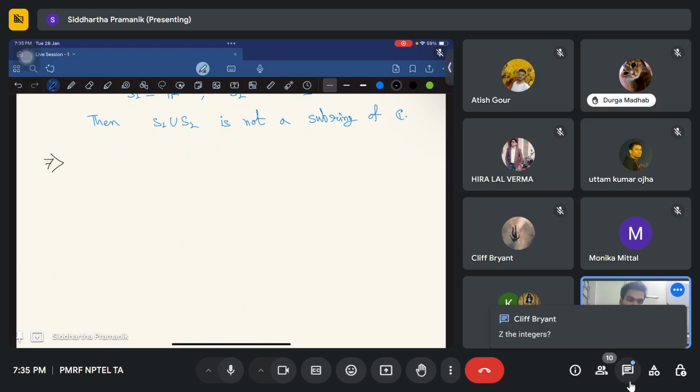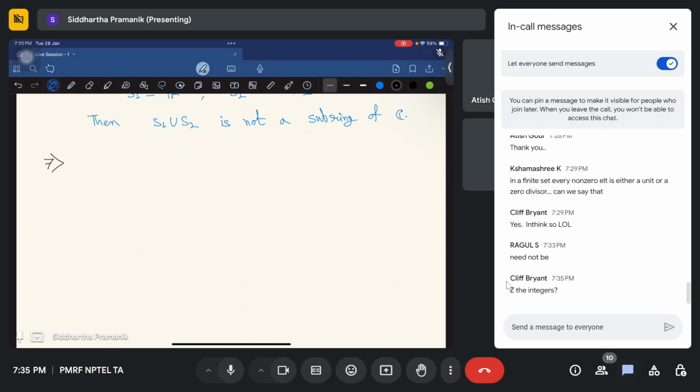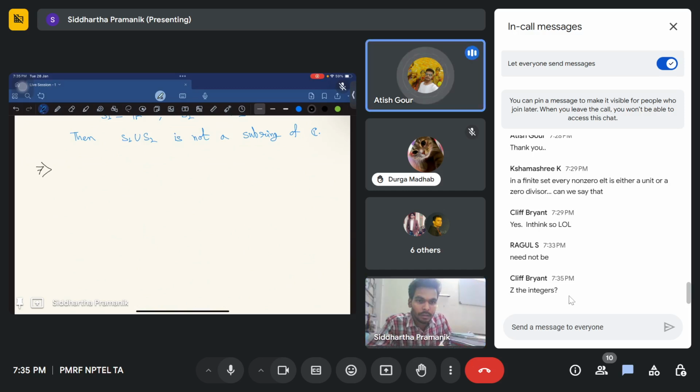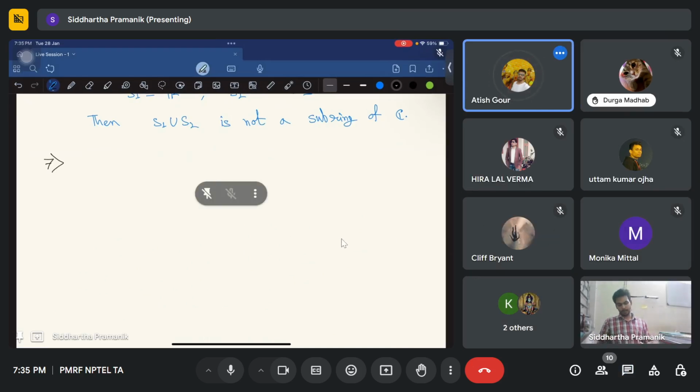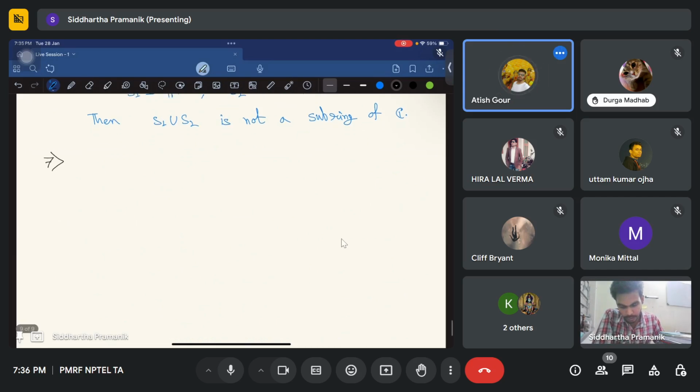Z can be taken as a ring, the set of integers. We can take 2Z and 3Z to be subrings of this. And when you take the union of 2Z and 3Z, it will not be a subring. The union cannot be a subring because it is not closed under addition. 2 plus 3 does not belong to it.